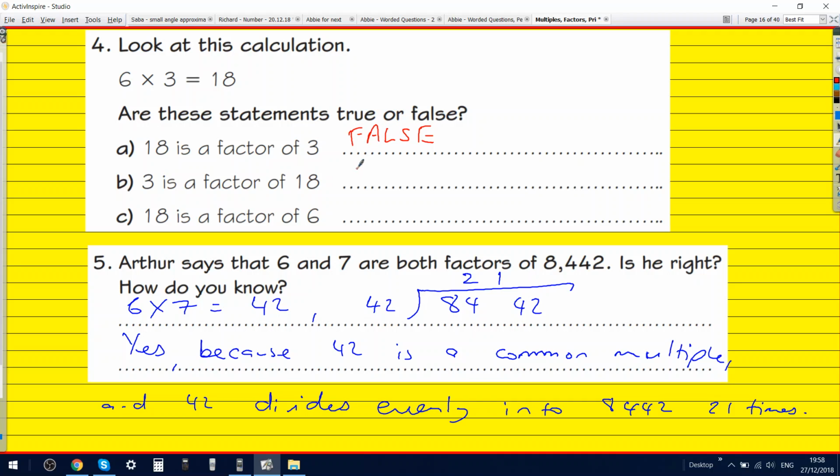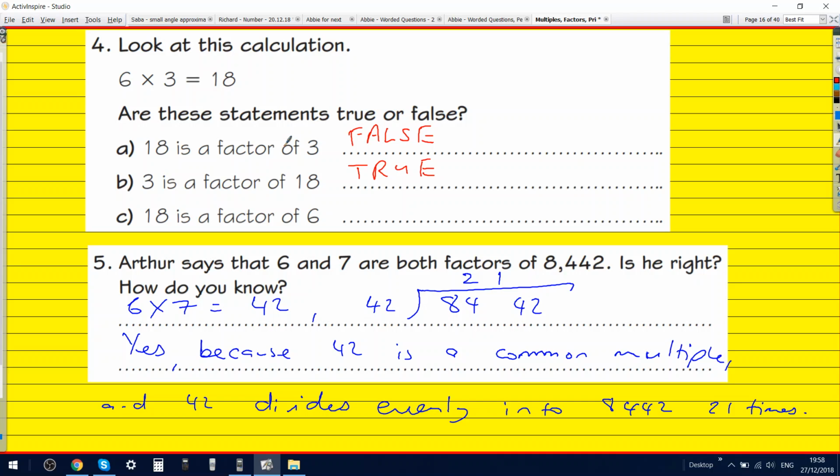That's true. 18 is a factor of 6, true, I think. So why wasn't 18 a factor of 3? Because 18's not in the 3 times table. Well, it is in the 3 times table because it's a multiple of 3. A factor is always smaller, a multiple is always bigger.